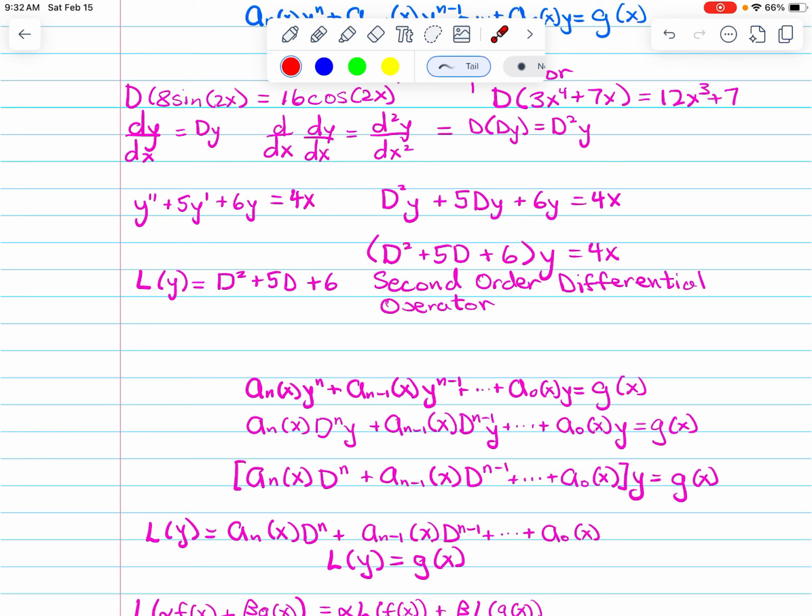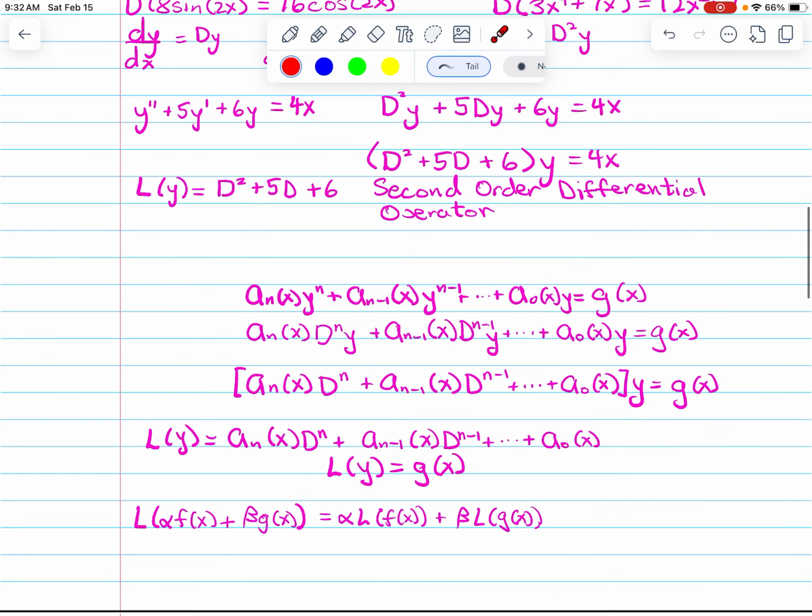And this whole differential equation can be represented this way. Now, one of the things I want to point out, remember differentiation, you can differentiate across pluses and minuses.